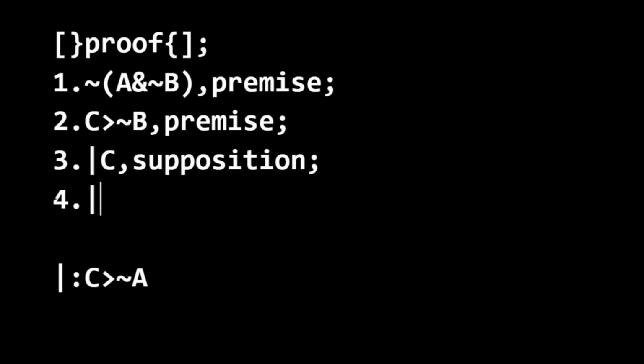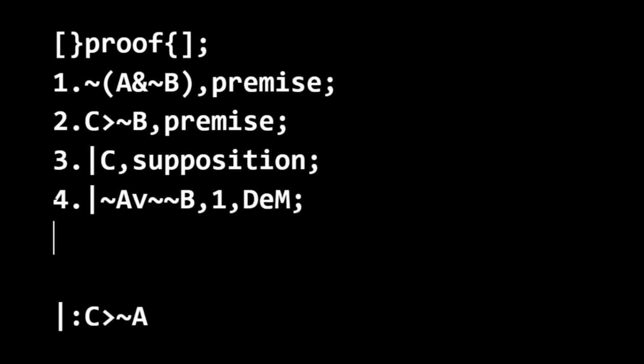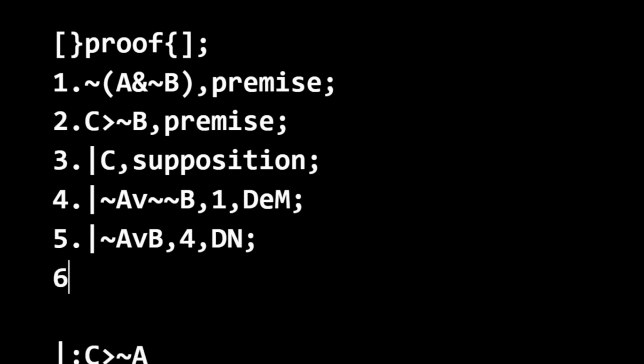From line 1, we can get not A or not B by De Morgan. In line 5, we can do double negation on line 4 to get rid of those double negations. And then we could do implication, line 5.